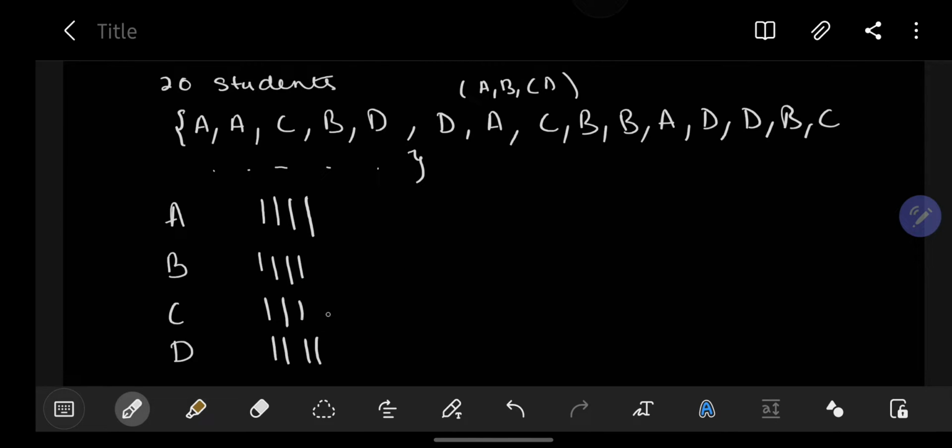This will continue, and for 5 you will denote it like this: 4 lines and 1 slash, this would mean 5, and this will continue, and you can efficiently find the total frequency.